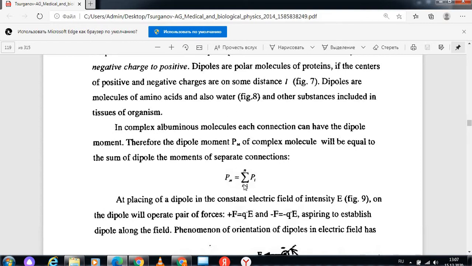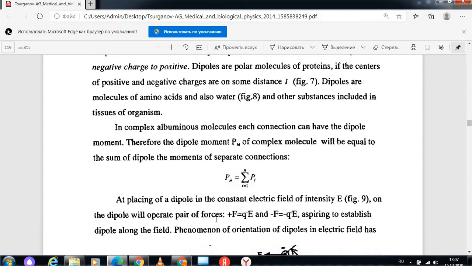This is the mathematical sign for the summation of the dipole moments on the separate connections: P1 plus P2 plus P3 till Pn. So we turn it to the sum from i equals 1 to n of Pi. This is the explanation how to make this sign easier.